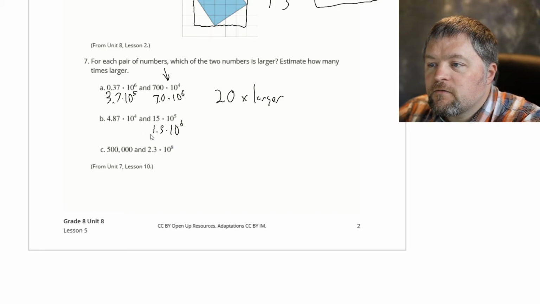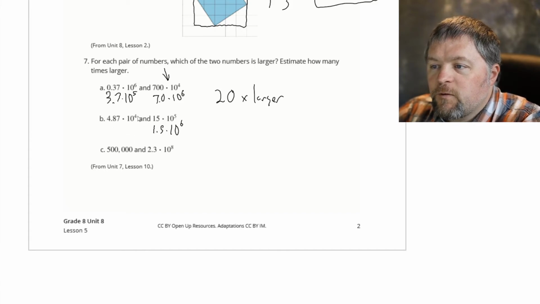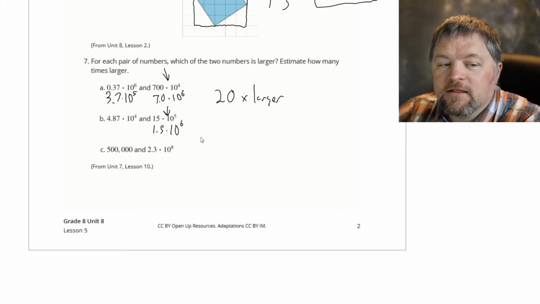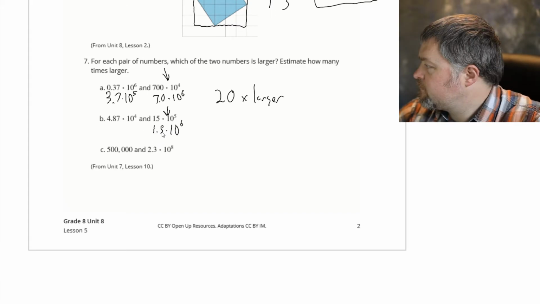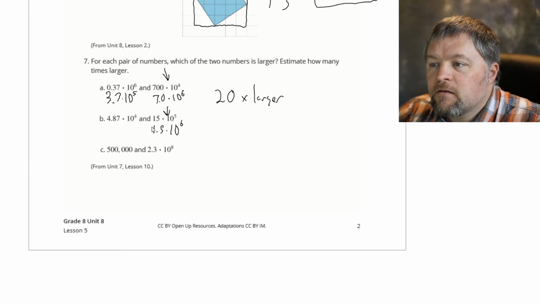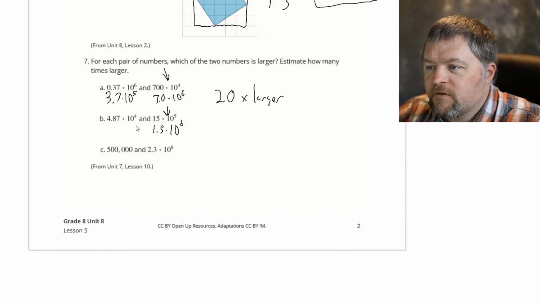So now we are looking for which one's larger, 4.87 times 10 to the 4 or 1.5 times 10 to the 6. This one has to be larger. Now, how many times larger? Well, this is close to 4.5. From 1.5 to 4.5 is 3 times larger.